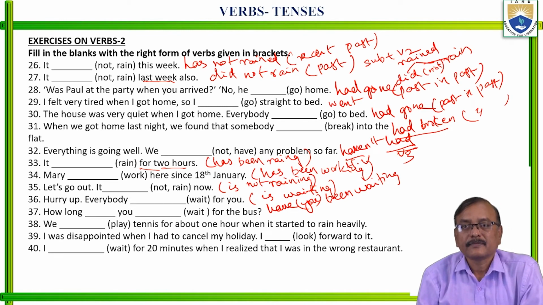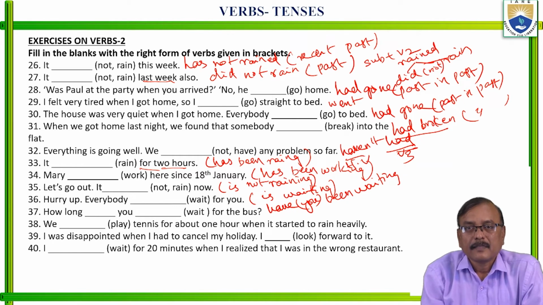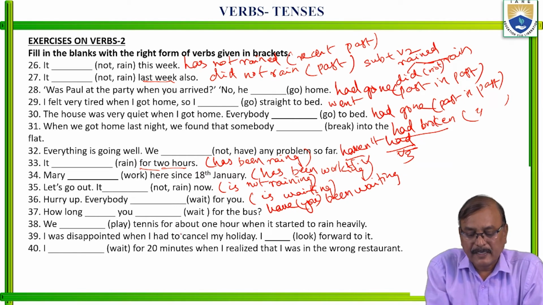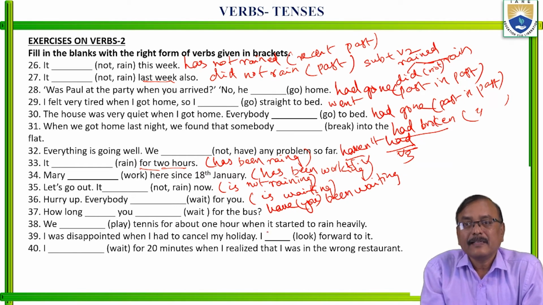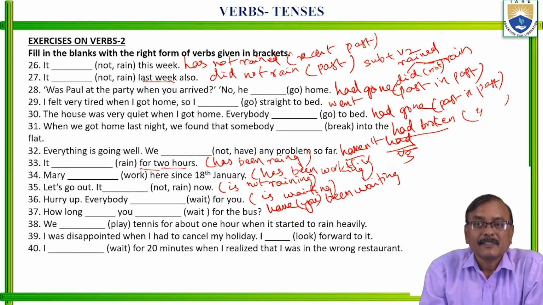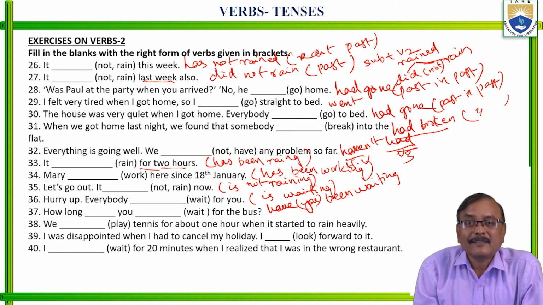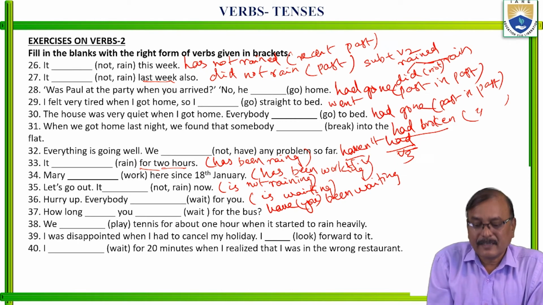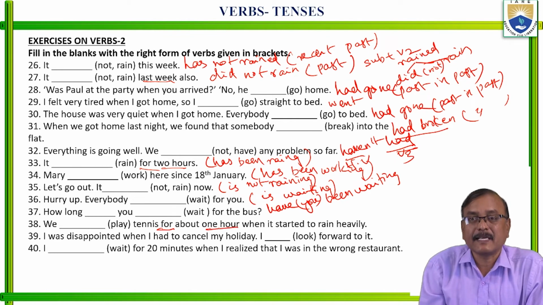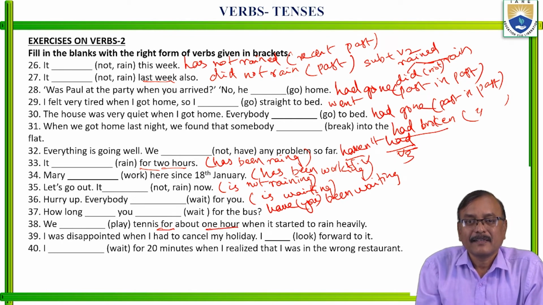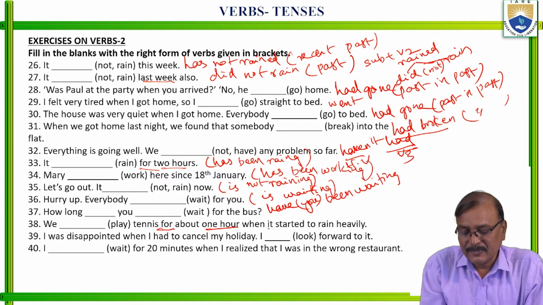Next. We dash play tennis for about 1 hour when it started to rain heavily. So, here, see what are the hints here? For 1 hour is okay. For about 1 hour. For plus time is there. Is it enough here? Again you see when it started to rain. So for plus time by past here.